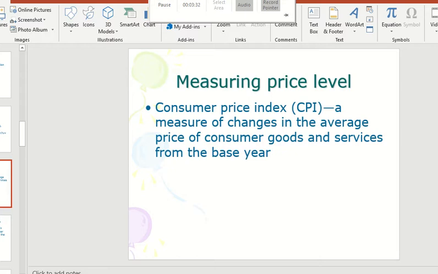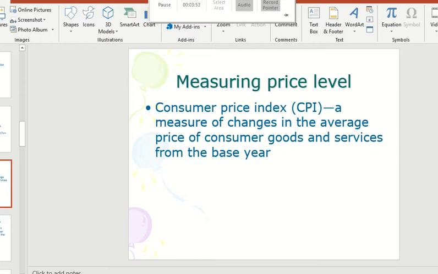The year 2008, for example, is not going to be the base year because in 2008 we had a financial crisis and a recession. That's not a normal year, not a representative year.